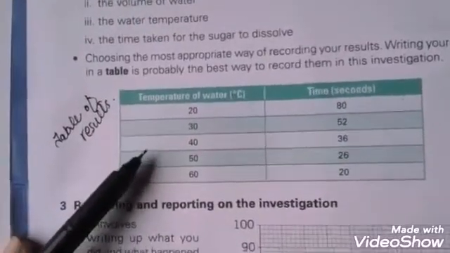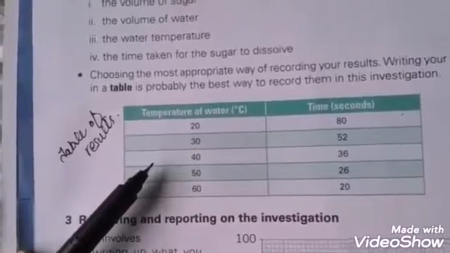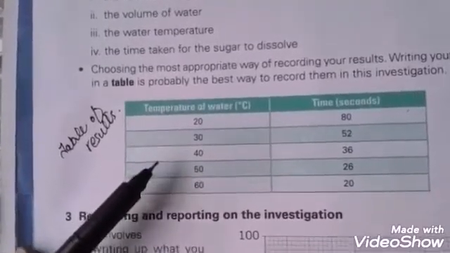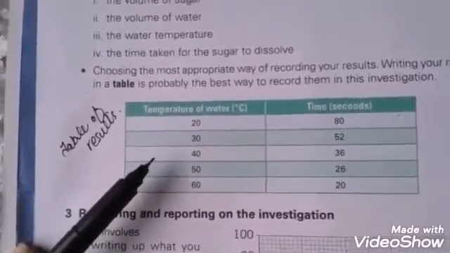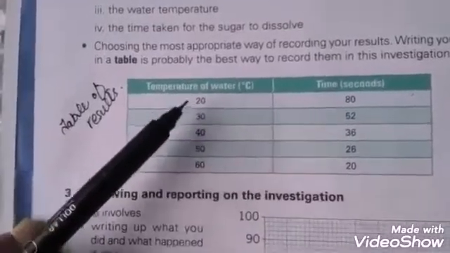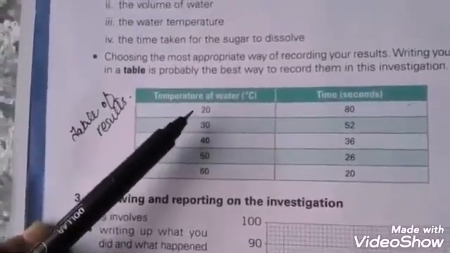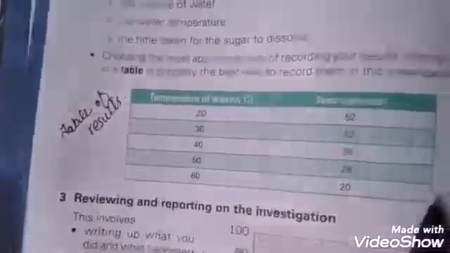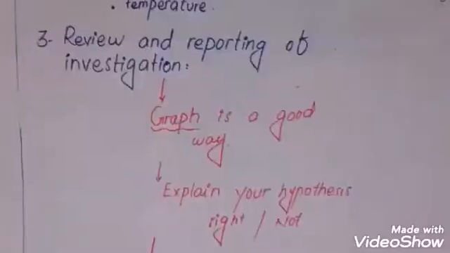When your results arise, you have to make a table for the measurements. In this table, you can see that at 20 degrees centigrade the sugar takes 80 minutes.